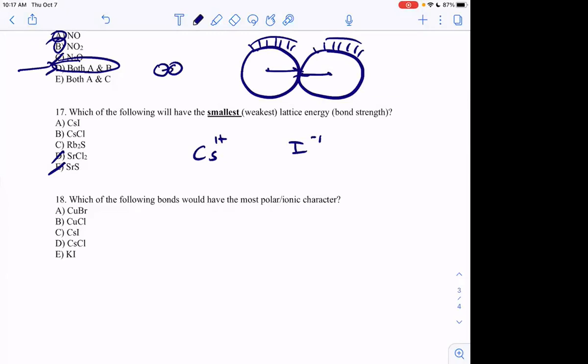Then you got a pretty close. So we're looking for big ones that have low charge. So rubidium, pretty good size, but it's bonded to sulfur, and it's also smaller than cesium. And then cesium and chloride versus cesium and iodide, and chlorine smaller. So Annie's correct with 17 being A.